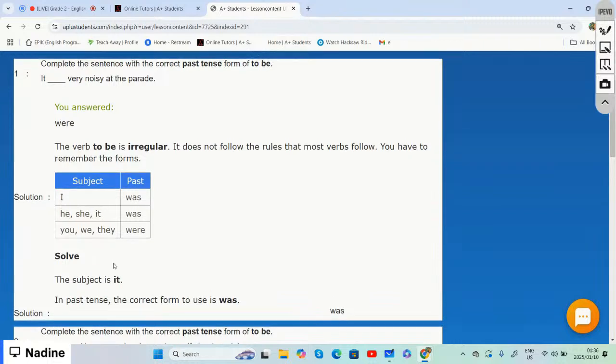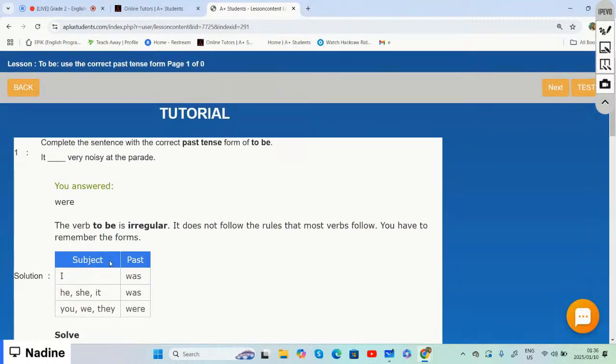Right? And that is the verb to be, which is irregular in the past tense. All right, so now we're going to look at three activities and then we're going on to our test. It says it.